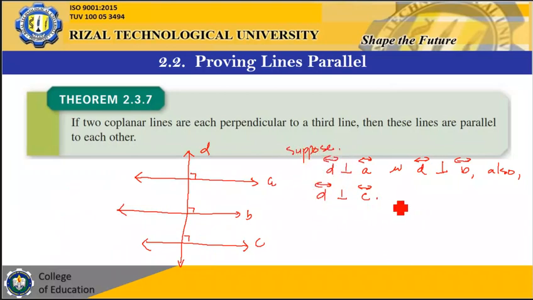Suppose line A is parallel to line B and line B is parallel to line C, then line A is parallel to line C. That is what the theorem is all about.